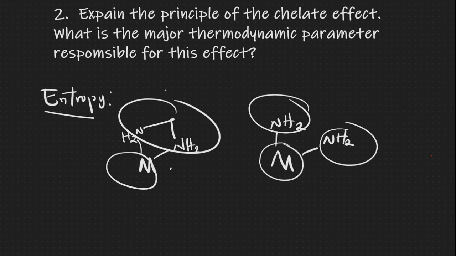So this is only two entities, and this one is three entities. So energy will be less here. It's easier to bring these two molecules than to bring these three molecules together. This energy will be more. So that's the explanation with entropy.